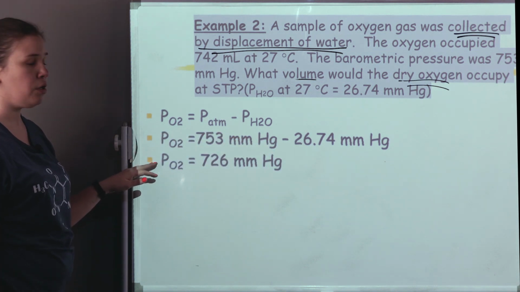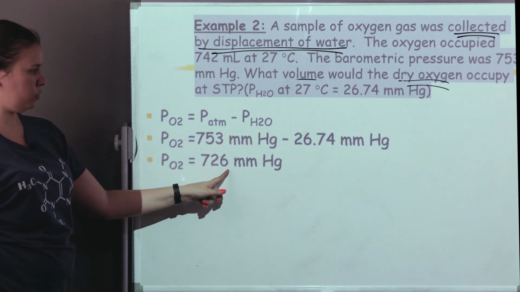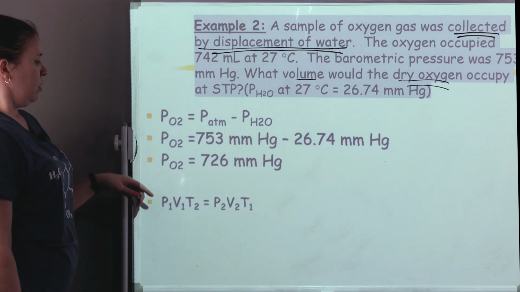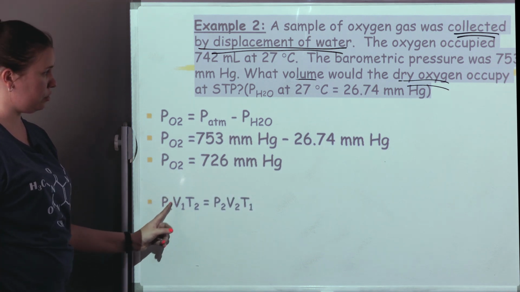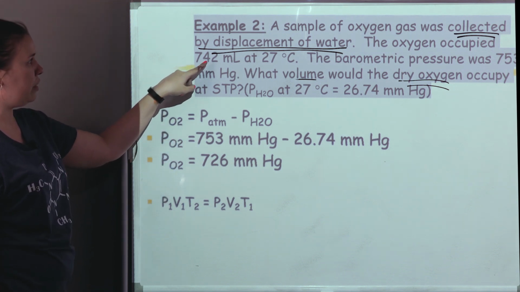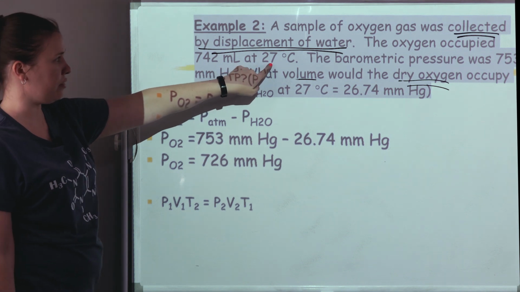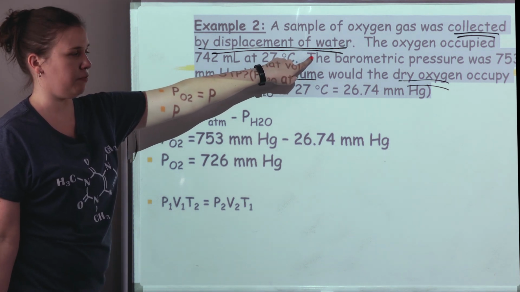So we get a new pressure of 726. Notice we're going to the least decimal, the ones place here. Then we want to use that pressure with the other variables given at that time. So the oxygen occupied 742 milliliters at this temperature while the barometric pressure was this 753.